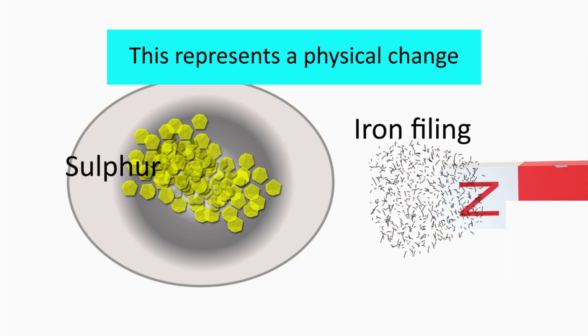Now, the fact that we could separate them, that means that we could get back our original product, right? Then this would represent what we call a physical change because we can get back our original materials. Now, let's look at the sulfur and the iron that was heated and compare it to the original mixture. If we notice here, we'll see that the mixture, well, of course, we saw that it basically melted.